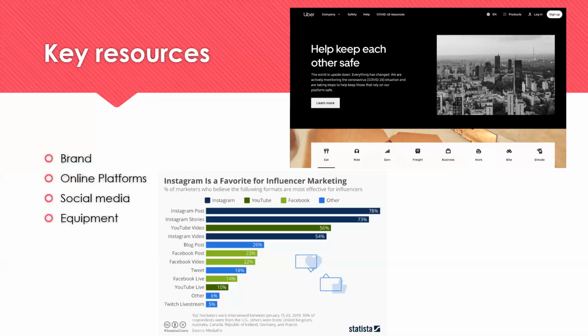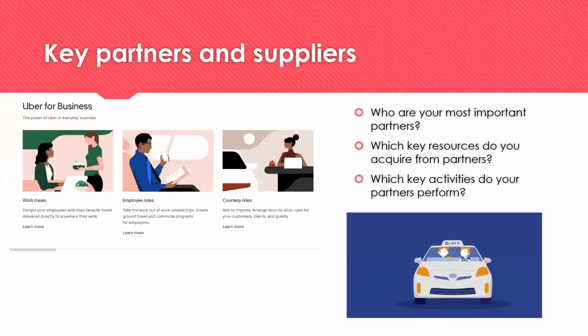I don't even know that. So you have many ways that you can use Uber, but that means that Uber has a lot of resources and partners that are working with them to make it successful. That's why the next portion of this business plan is also talking about your key partners and suppliers.